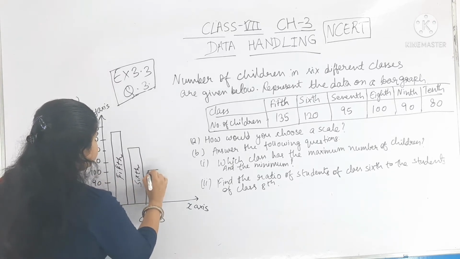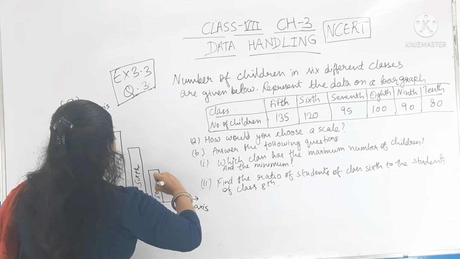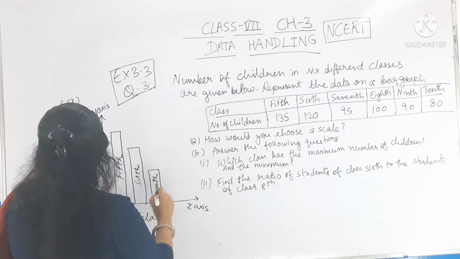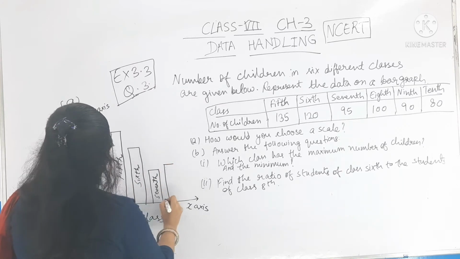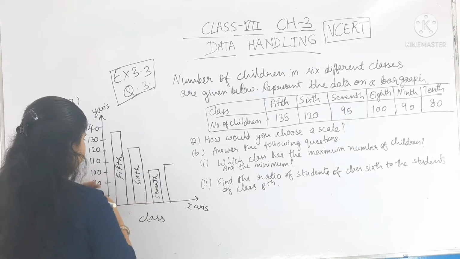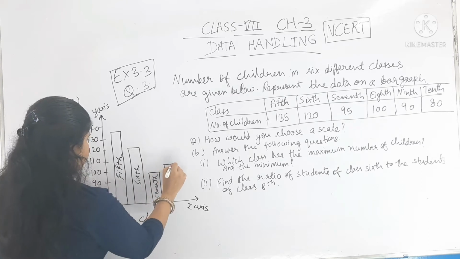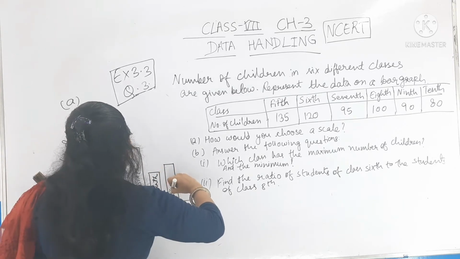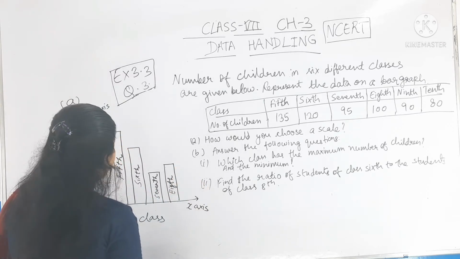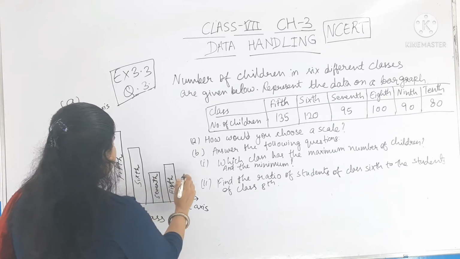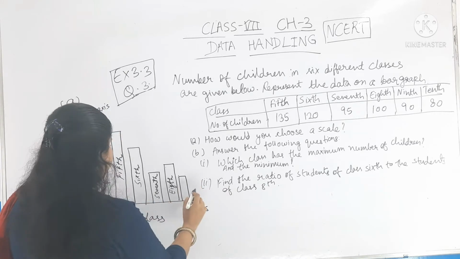So here, 7th. 8th is 100, ninth has 90, so this is 90, and 10th has 80.